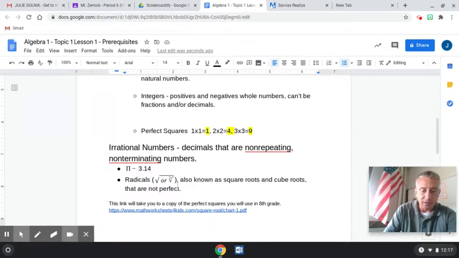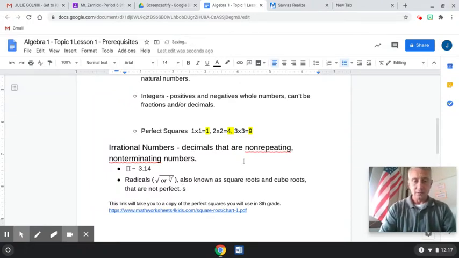The other things are numbers that are not perfect squares. So let's say we have the square root of 81. Well, the square root of 81 is equal to 9, because 9 times 9 is 81. But let's say we went to the square root of 82.